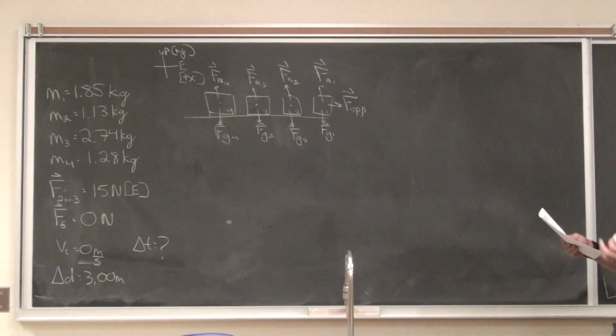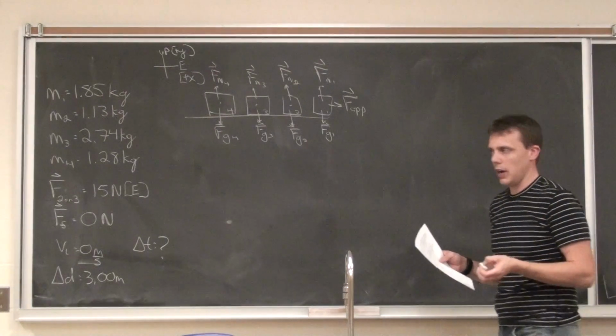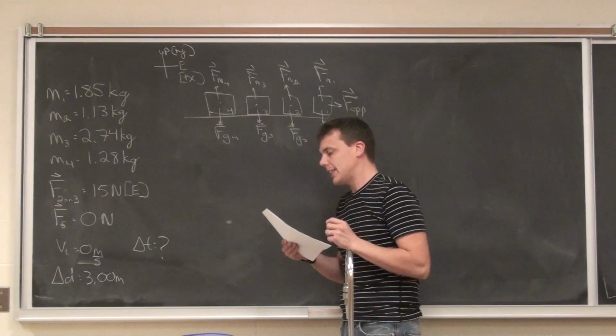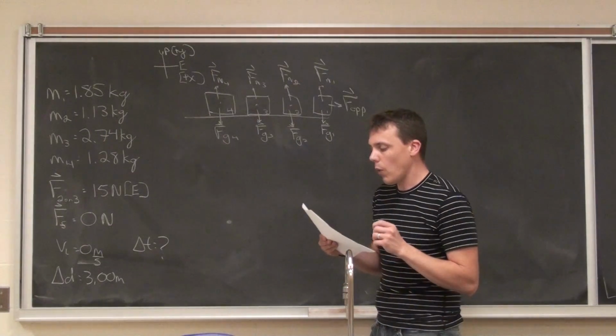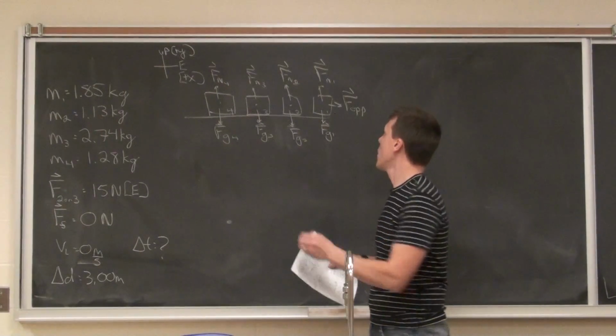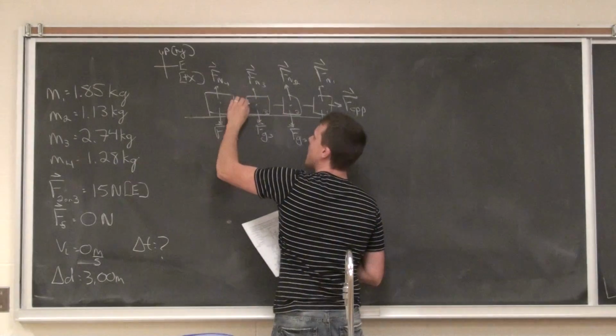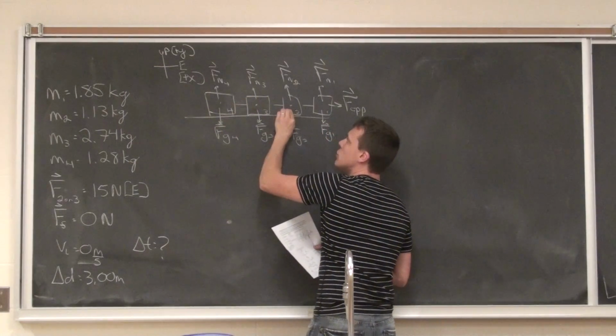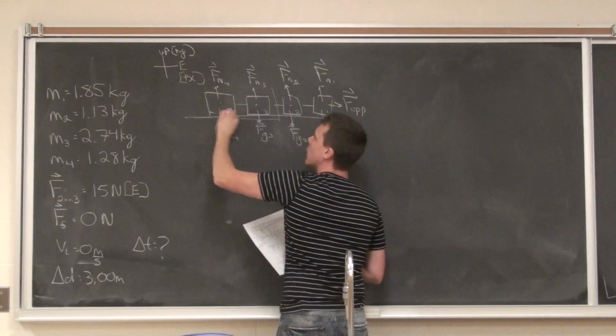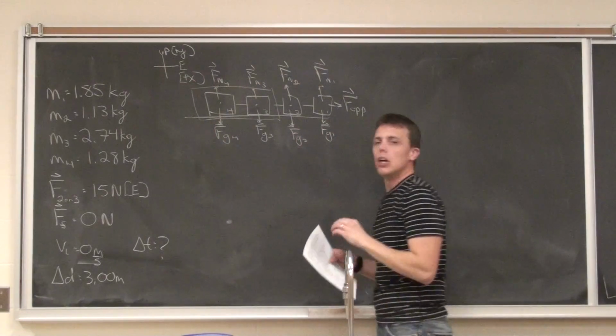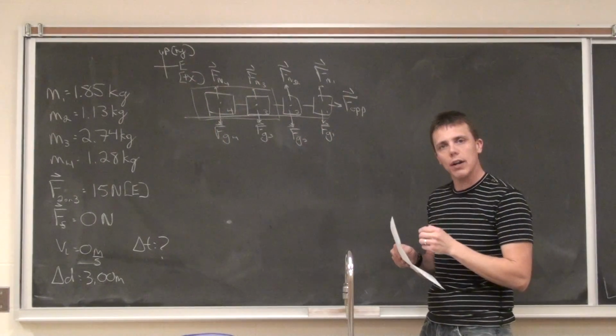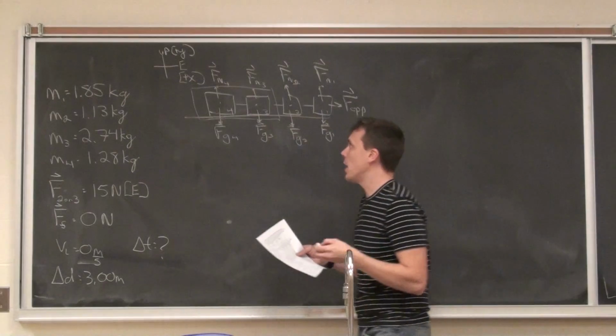Now, this time, it's probably a good idea to look at a free body diagram. Well, in the question, it's specified that we know the force on car 3 from car 2. Car 2 is not pulling 3, it's pulling 3 and 4. So I want to put them together like one car and then solve the question from that.